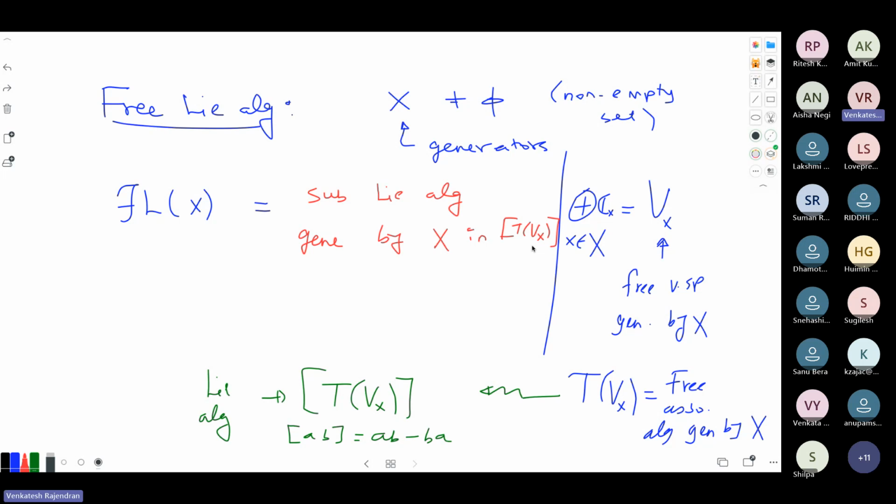As I already told, TVx is actually a huge Lie algebra because it will have monomials of the form x times y, but that x times y cannot be written as a sum of Lie monomials. So that is the problem, and we need to take the sub Lie algebra generated by X in TVx. This is what is called the free Lie algebra.